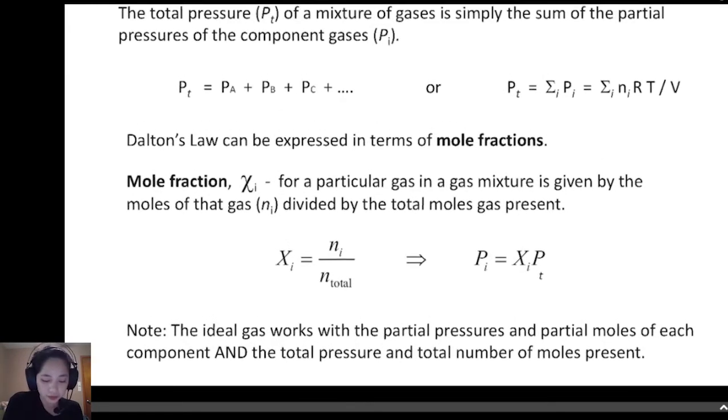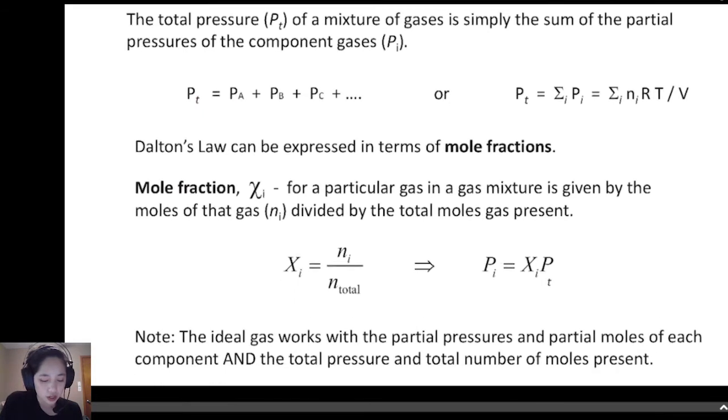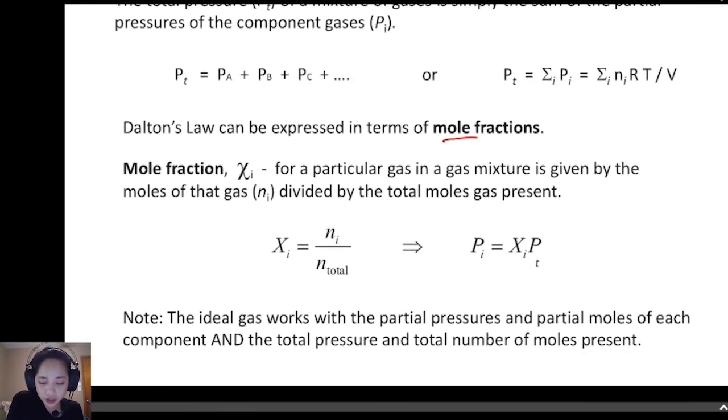And so here are just equations expressing that the total pressure of the sample is equal to the sum of all of the partial pressures of the components. Or you can express it like this. All right, so if there's 3 components of the system, then you have to add up all 3 partial pressure components to get your total pressure. All right, so you can also express the partial pressures in terms of mole fraction.